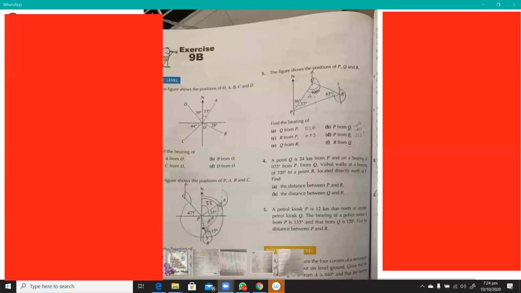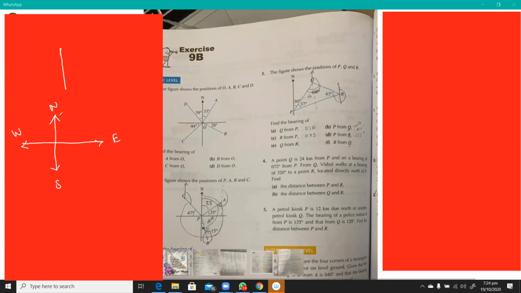Okay, you must be aware of the typical bearings. The typical bearings are like, this is your north, south. Now this is your north here, this is your south here, and this one is east and this one is west.